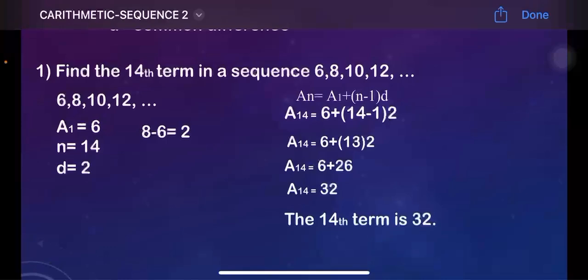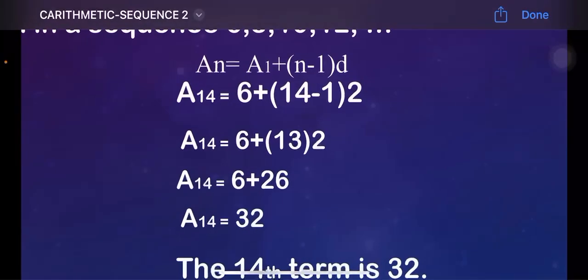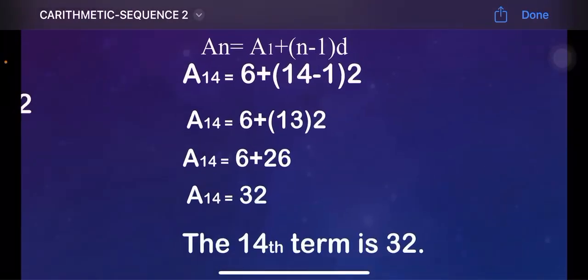Now that we have all our given, we have to substitute them into our formula to find our missing term. a sub n equals a sub 1 plus the quantity n minus 1 times d.